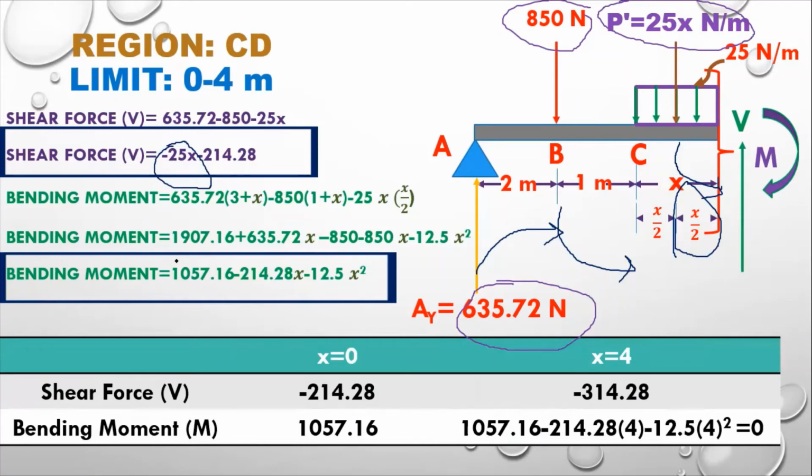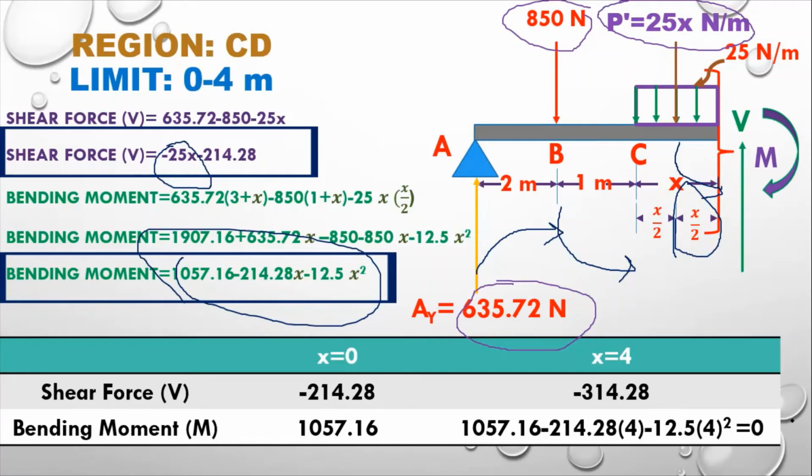Now I put the value of 0 in the bending moment equation. When I apply 0 here, I will get 1057.16, because these two terms become 0 and only this one is left. When I put the value 4 here, I get the value 0.